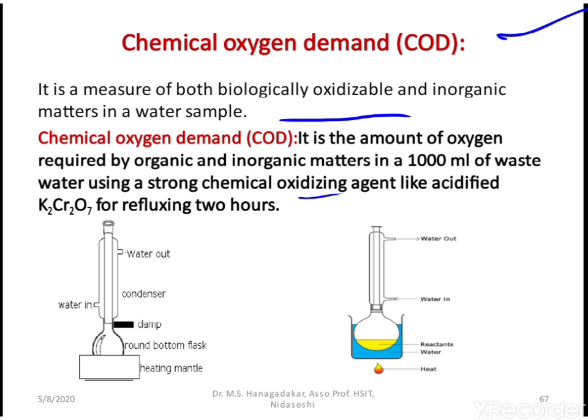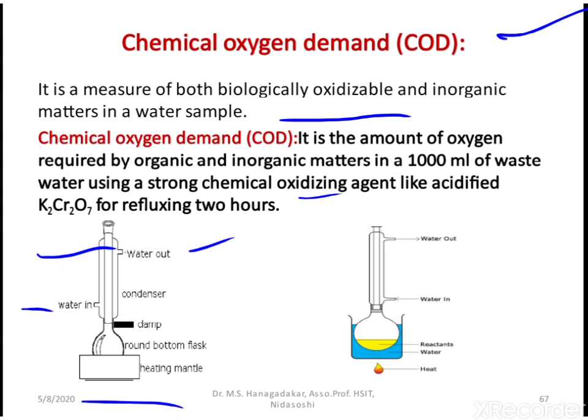Now let us discuss the setup of COD determination. What can we observe in this figure? It requires a reflux condenser where you can pass cold water in at one end and warm water is removed from the other end.